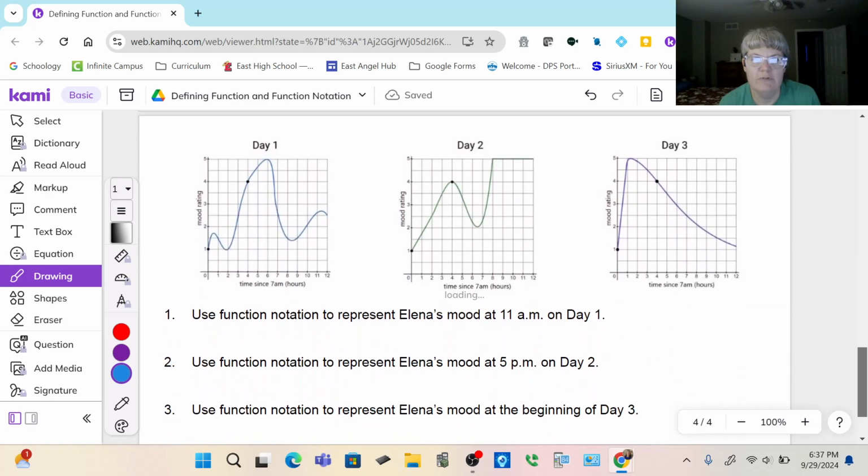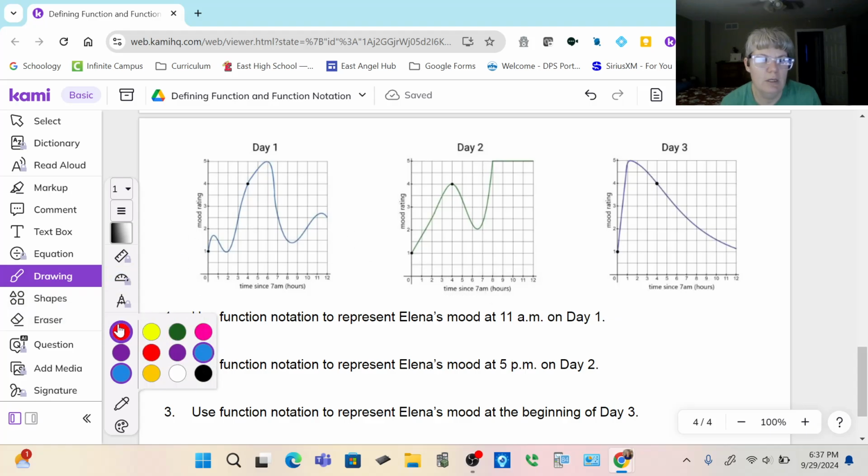So here we have day 1, day 2, day 3. Again, I named day 1 f of t. I named day 2 g of t. And I named day 3 h of t.